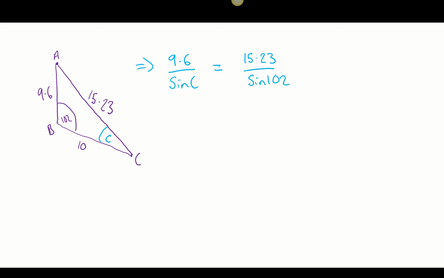So we know a full pair, and we are missing one thing from another pair. So we can manipulate that. That will give us 9.6 multiplied by the sine of 102 divided by 15.23 will equal the sine C.